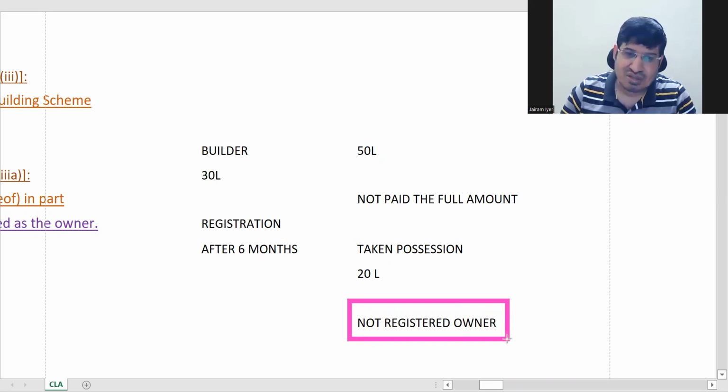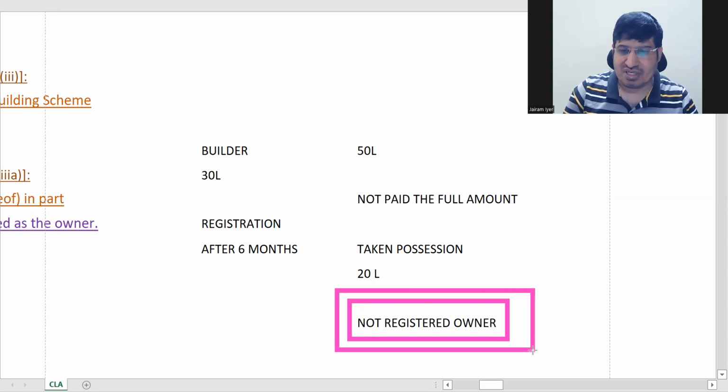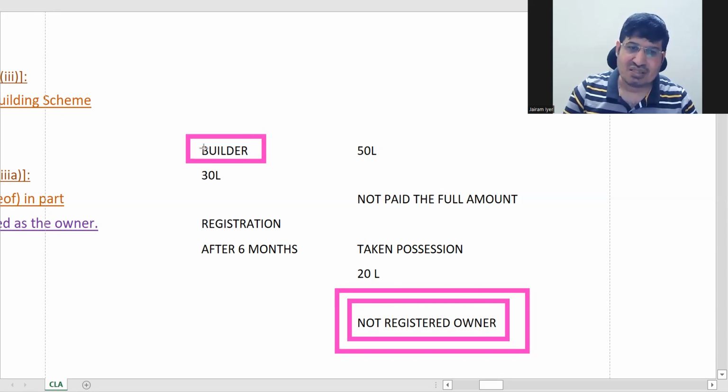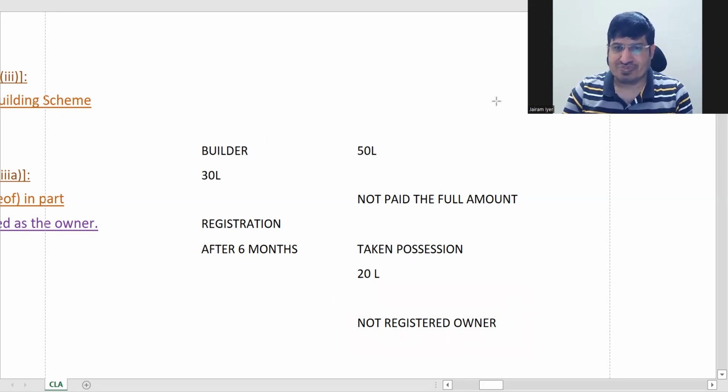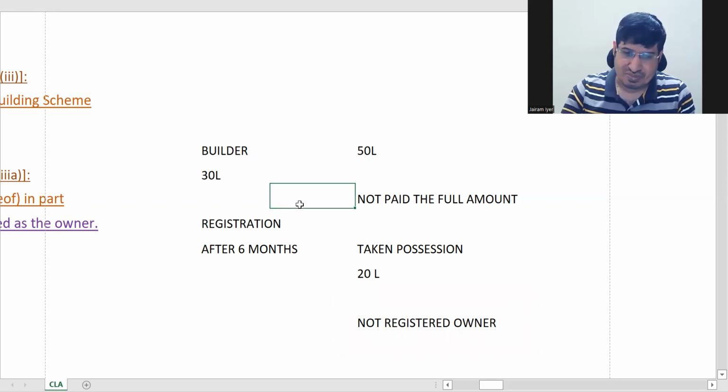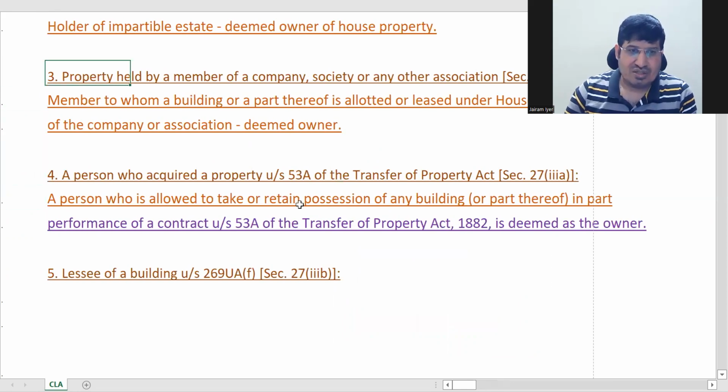So that is why this person has been deemed to be the owner. That is why it is said that he is the deemed owner. Otherwise, because the builder is the registered owner, the tax burden would come on him, which is not correct. So which is why this person is the deemed owner. This is your point 4.